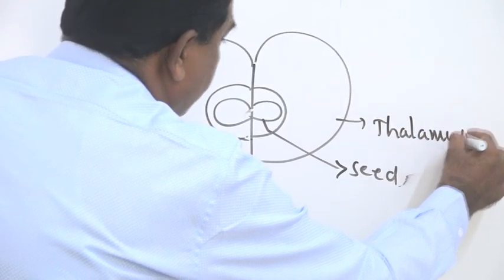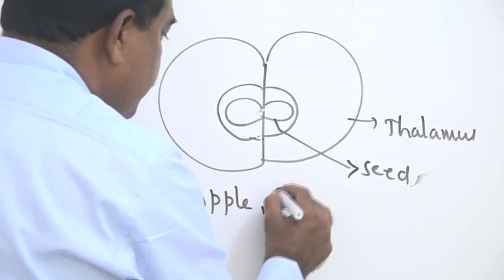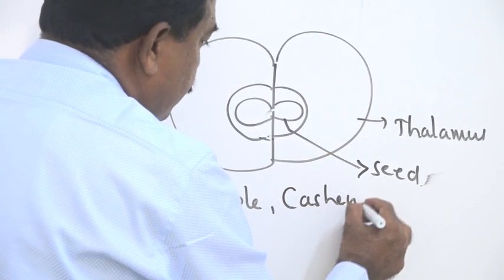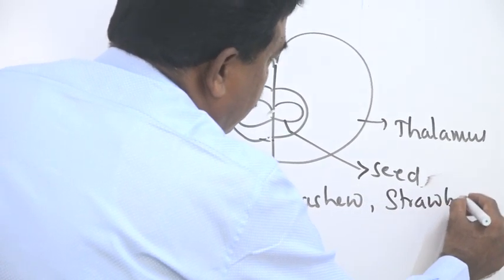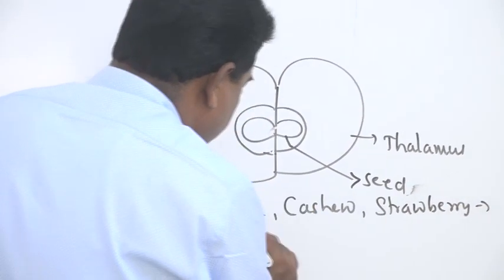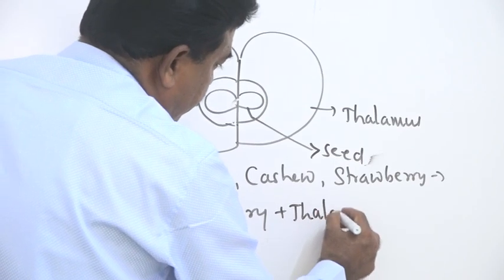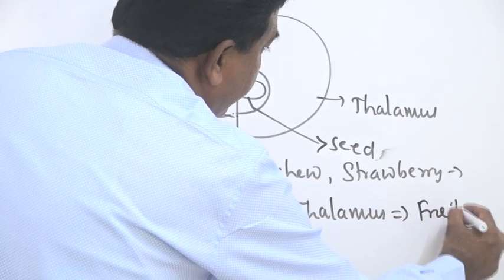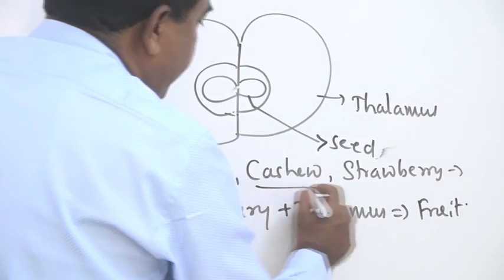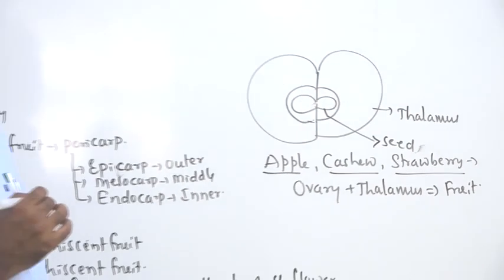That means in the case of apple, cashew, and strawberry, along with the ovary, the thalamus is also involved in forming the fruit. Hence, apple, cashew nut and strawberry belong to false fruit.